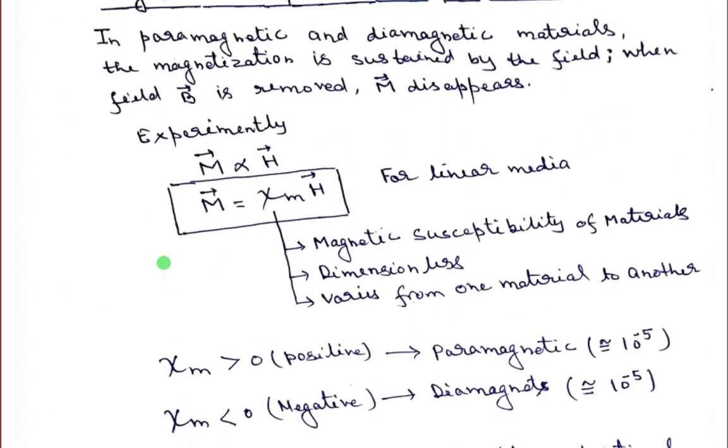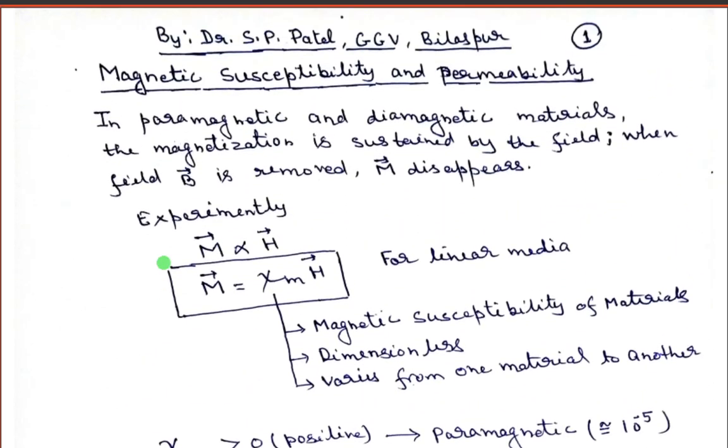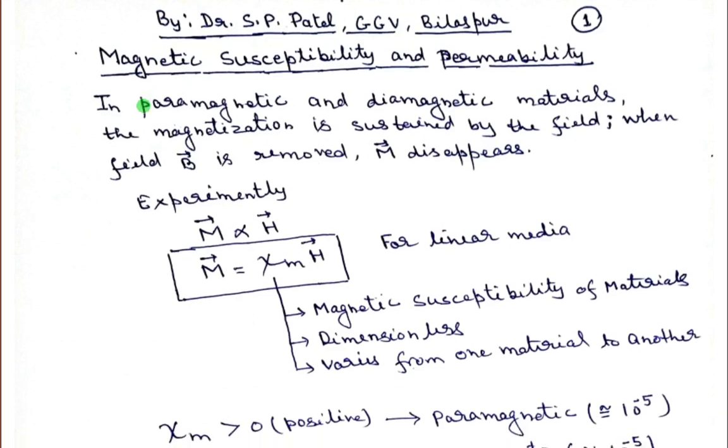As I discussed in the introductory part, the paramagnetic property of a material originates because of the alignment of spin, in materials which have an odd number of electrons in their outer orbit. That gives spin magnetic moments, and that gives the paramagnetic nature of the material.